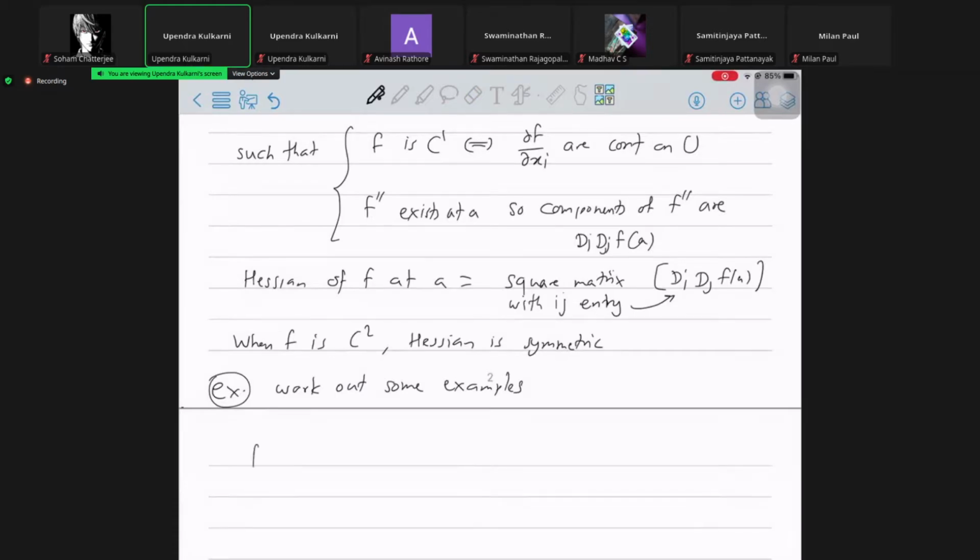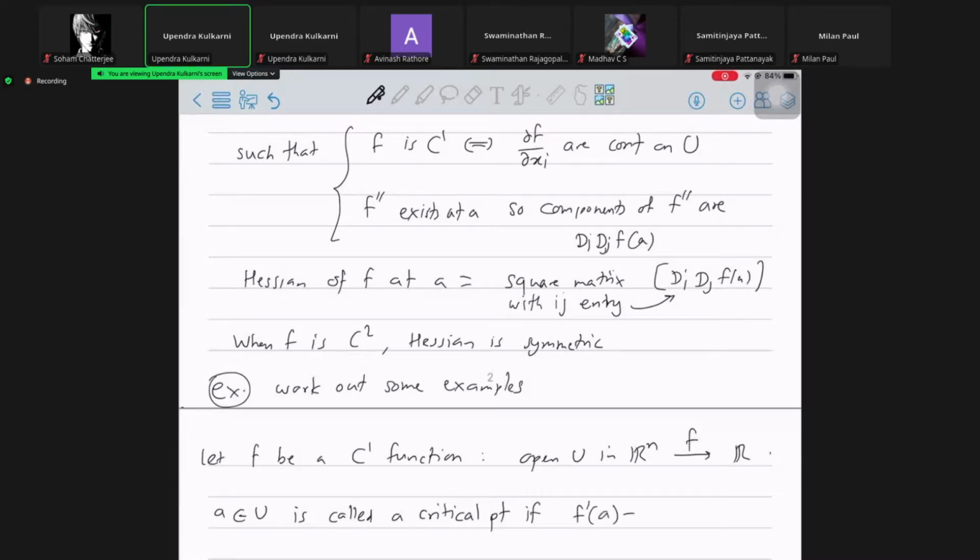Let f be a C1 function on open U in Rn. We say that A in U is called a critical point if f prime of A is equal to 0.